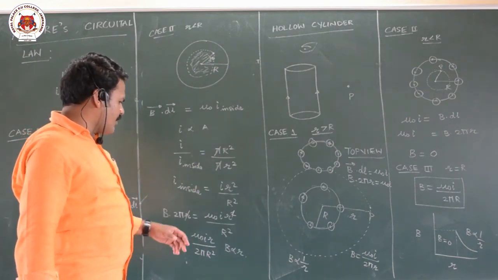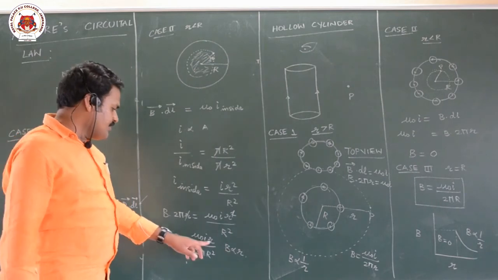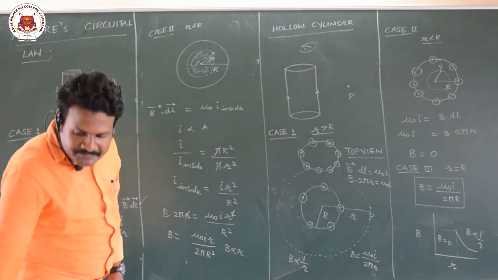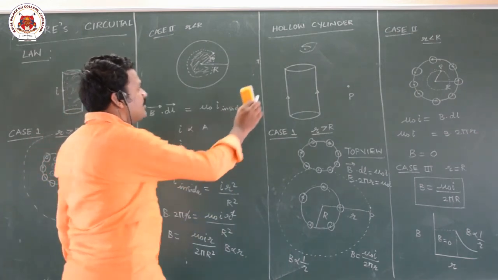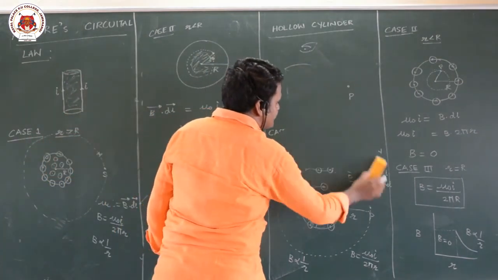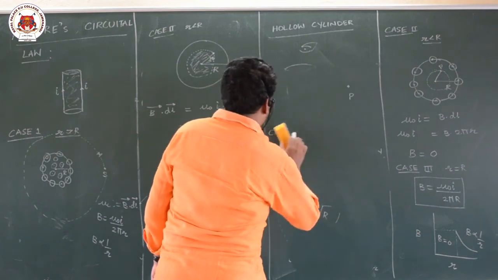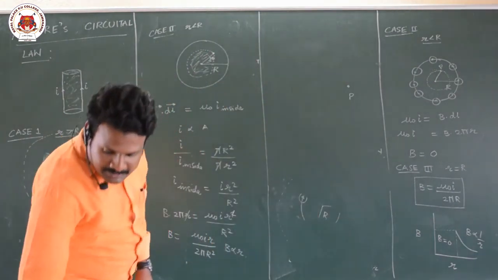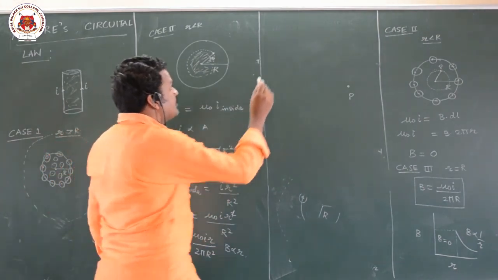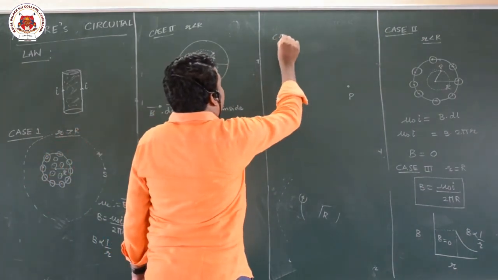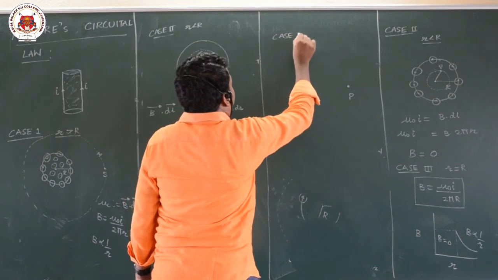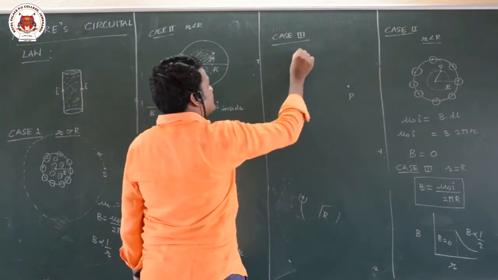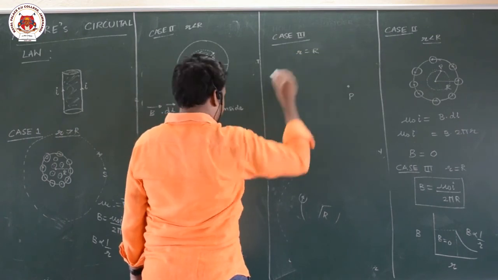Now when you are on the surface, small r is equal to capital R. Next, case 3: when you are on the surface, small r is equal to capital R, substitute there.